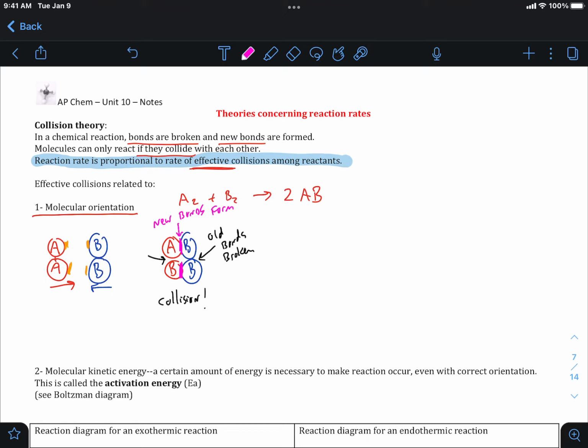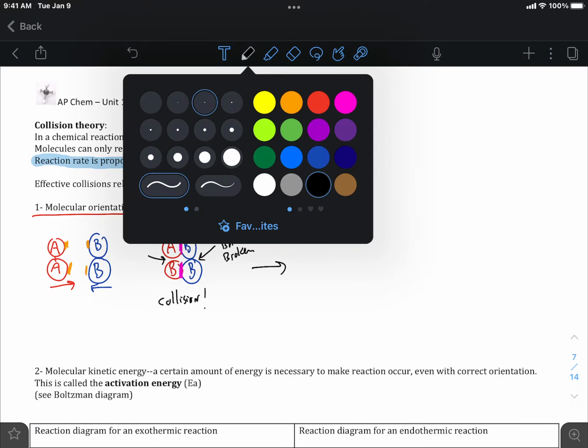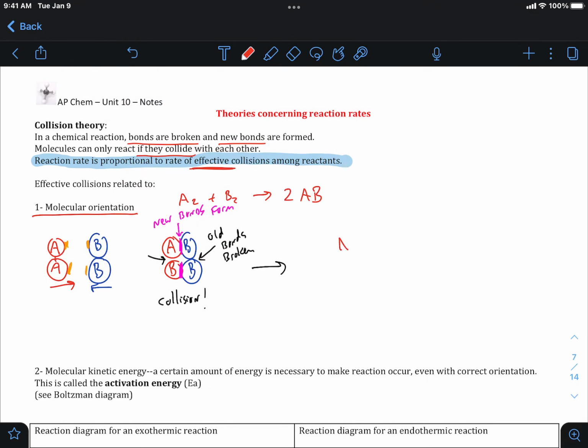Now, the only way this can happen is if the molecules are oriented in the correct direction. If the A actually comes into contact with B, if they are aligned, right? So molecular orientation or molecular alignment is very important. And then if they are aligned properly, then there's a chance that you could actually get your product.